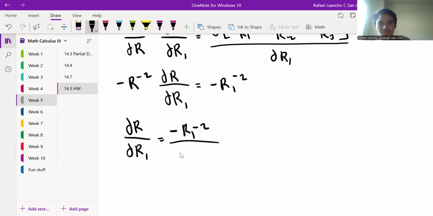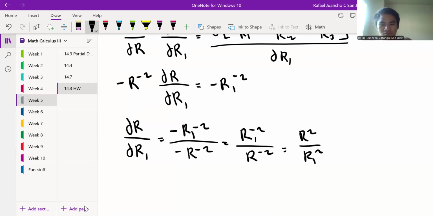So here we just do some isolating. Here we can take out negatives, and we can switch their places. And we're done. R squared over R1 squared.